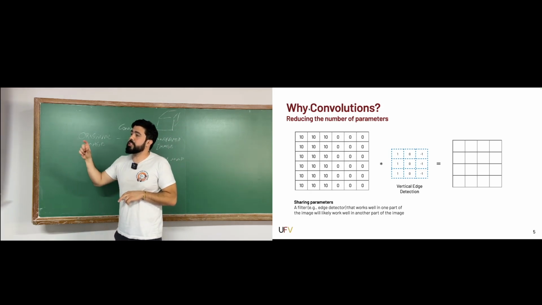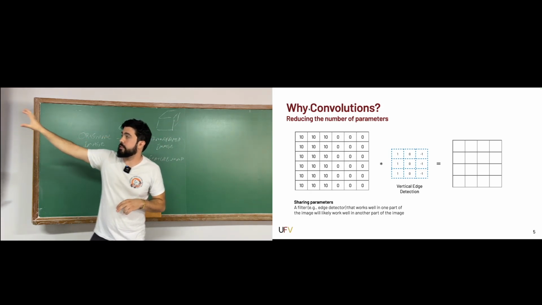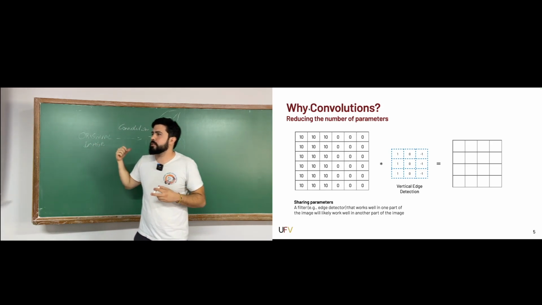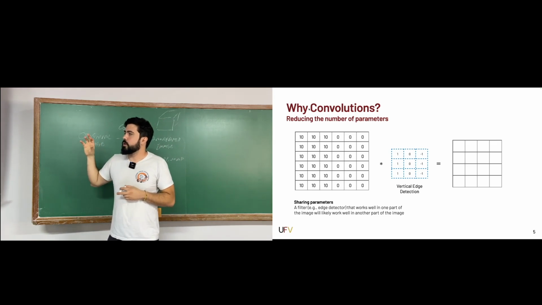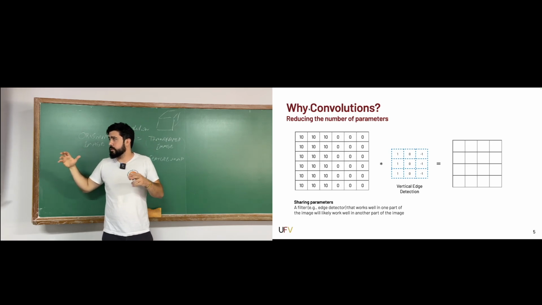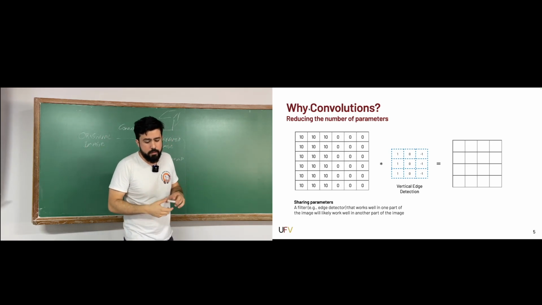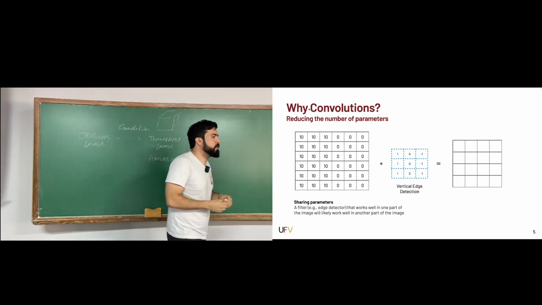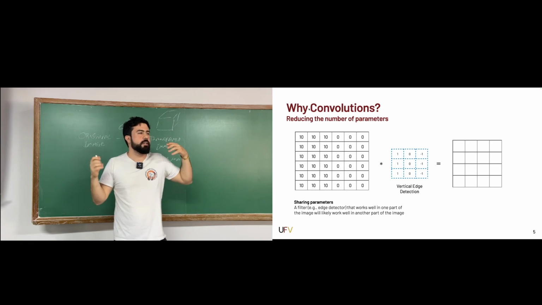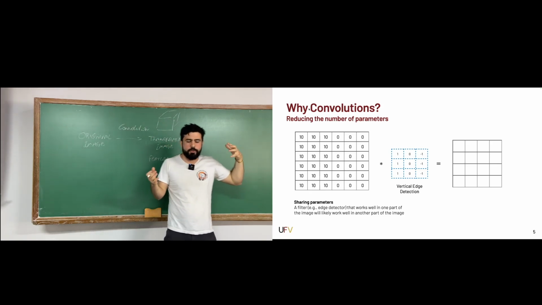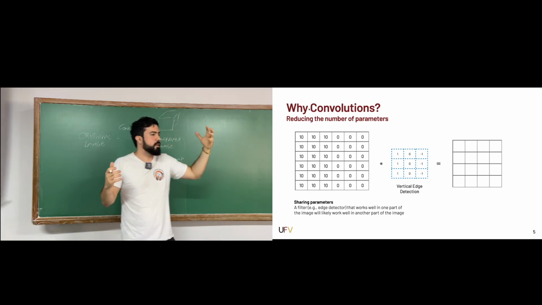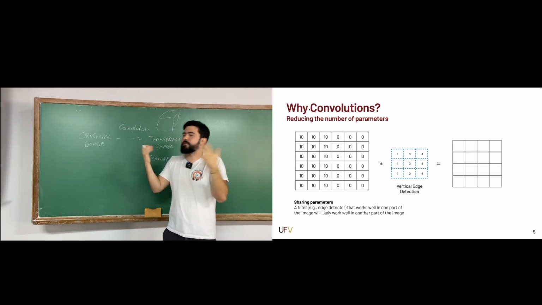When we use convolutions, we are sharing, for example, a certain filter across different regions of the image. We briefly talked about this last lecture. What you want when you train a convolutional neural network is to train filters that work in different parts of the image. If you're thinking about face recognition, at some point you're going to have to learn a filter that detects eyes, and the filter that detects the left eye is the same filter that detects the right eye.